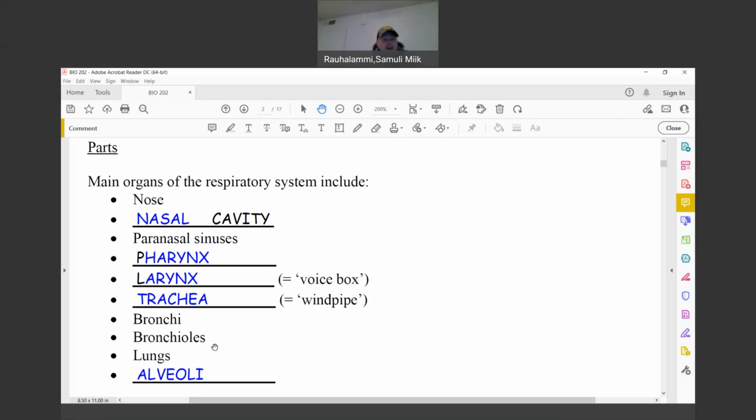When you're looking at these different parts of the respiratory system, one thing that you might notice very soon is that some textbooks divide it into upper and lower respiratory tract. And this transition point where the upper ends and lower starts varies a little bit depending on which textbook you're looking at, but for our purposes, if I were to ask you something in an exam about how you divide the respiratory system into upper and lower part, it would be something very obvious.